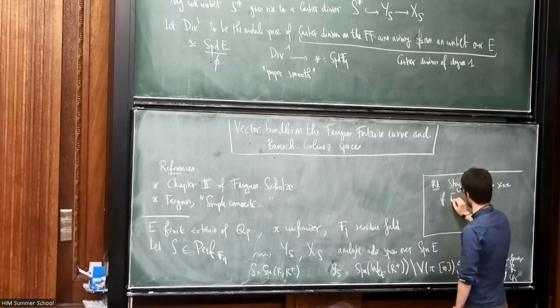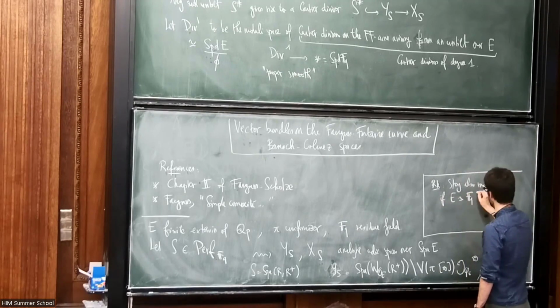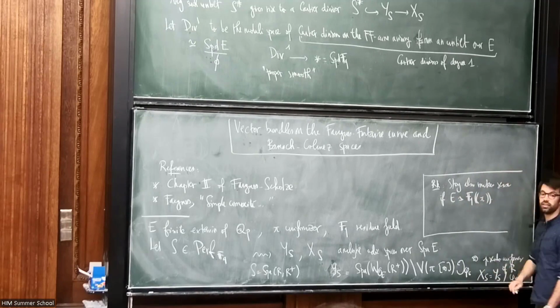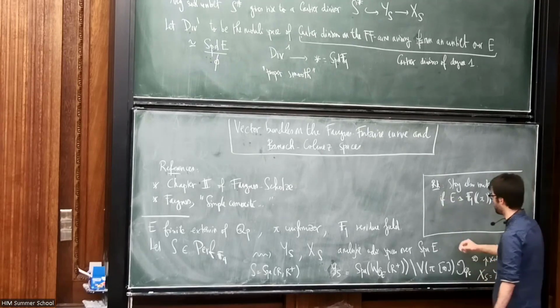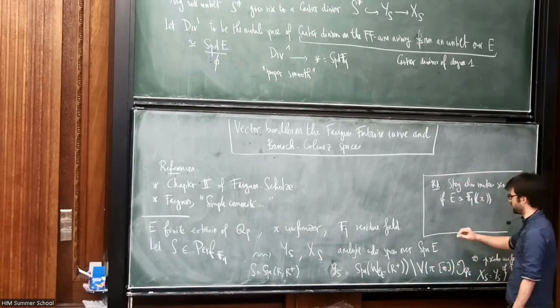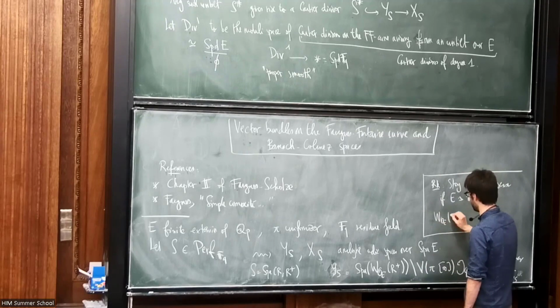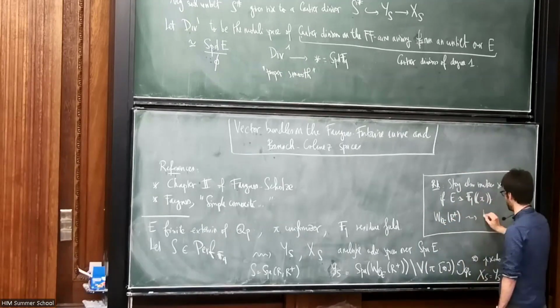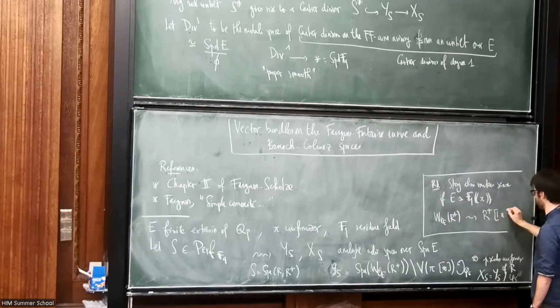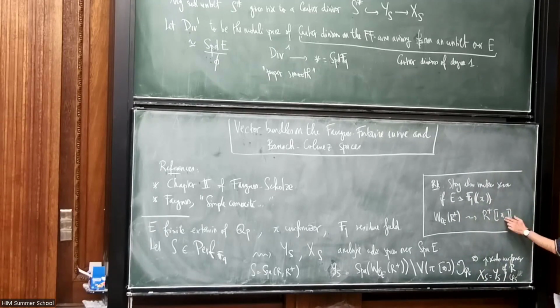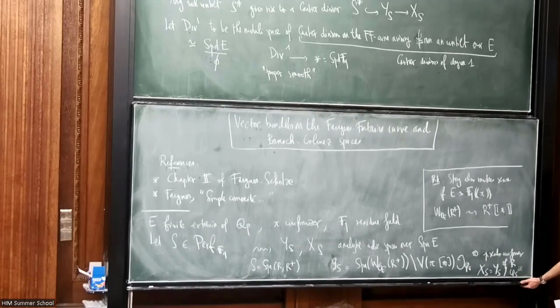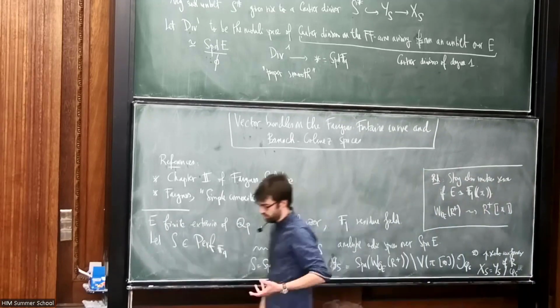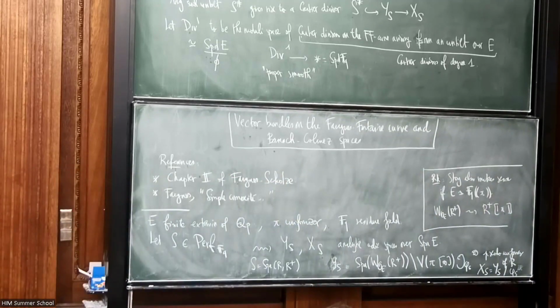So if E is of the form F_q double parentheses pi for some abstract variable pi, the story is even simpler, because you just replace ramified Witt vectors of R plus by the ring of formal power series in the variable pi over R plus. And so in this case all the objects are more concrete, but in these two lectures I will just focus on the case of p-adic fields.